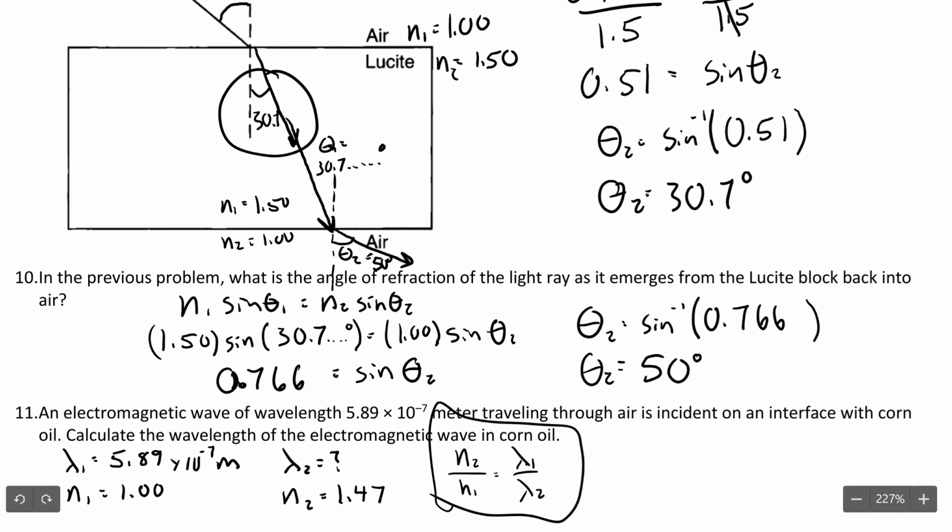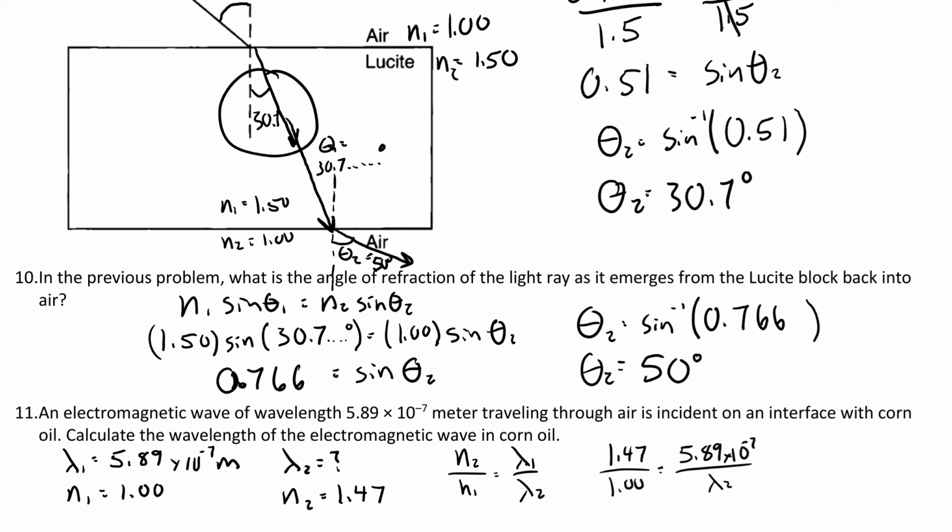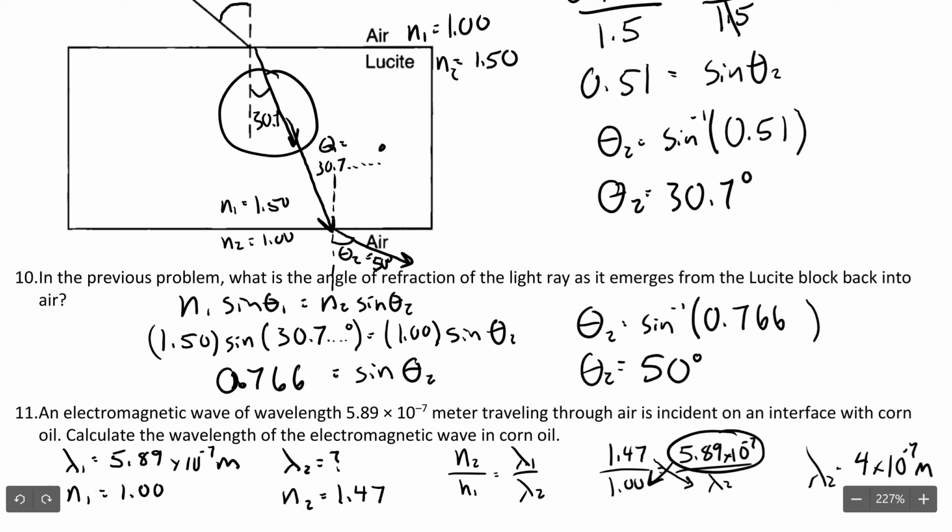We substitute in and solve for lambda 2, which is pretty much 4 times 10 to the negative 7 meters. The way I did that, I just cross-multiplied, and then you take this number here divided by 1.47, and you get your answer.